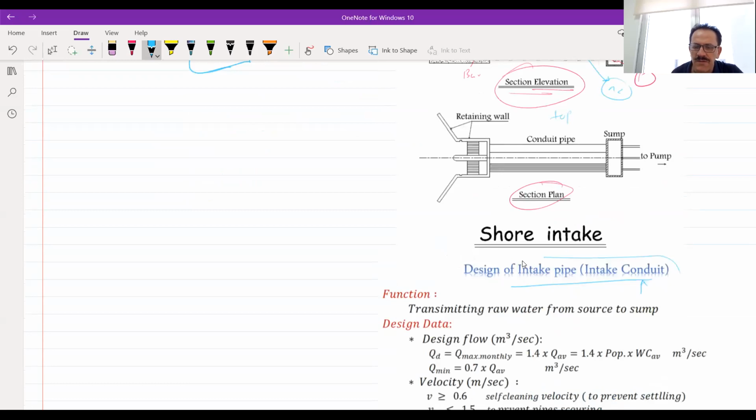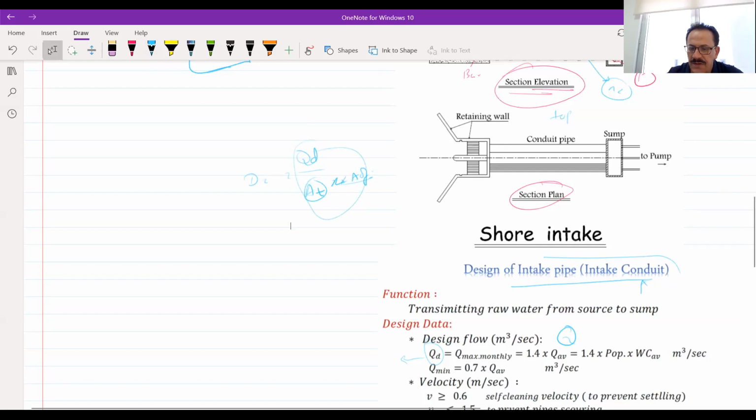First of all, we need the design Q. Why do we need the design Q? The design Q divided by area gives the diameter of the pipe. If I have two pipes, the number of pipes times the area of one pipe gives the total area, and from this relation we can find the diameter of each of them.